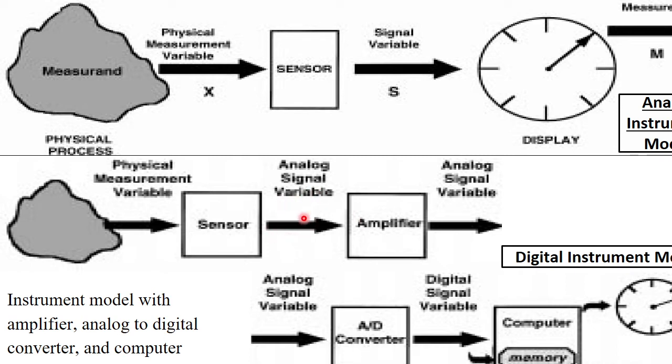Why is this so? Because the output voltage, or whatever form it is, directly as received from the sensor, is quite low, usually millivolts or some 10 to the power minus 4, 5, 6, this part of change in resistance.